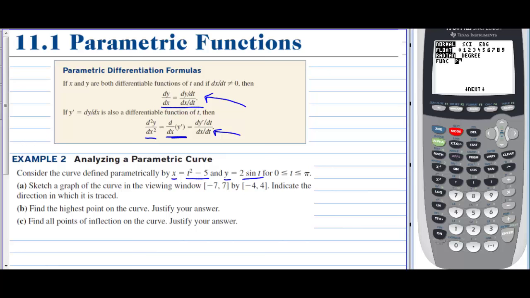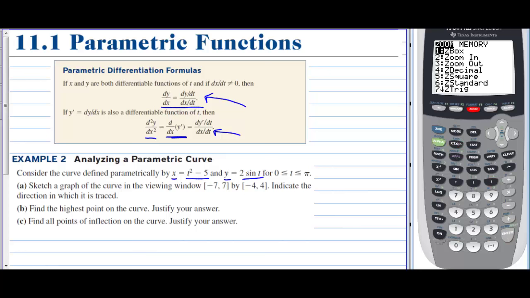So we're going to put the mode of our calculator into parametric. We'll go to y equals, and we have x1 is t squared minus 5, and y1 is 2 sine of t.